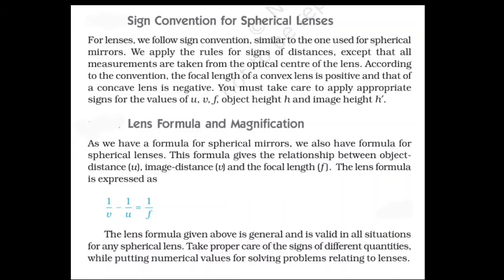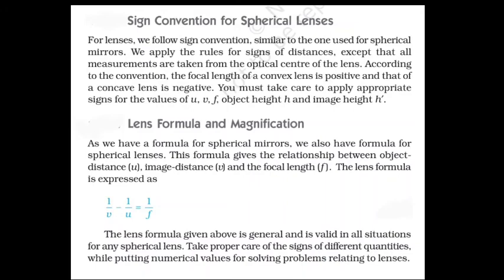What is the lens formula and magnification? As we have a formula for spherical mirrors, we also have a formula for spherical lenses. This formula gives the relationship between object distance u, image distance v and the focal length f. The lens formula is expressed as 1 upon small v minus 1 upon small u is equal to 1 upon small f.